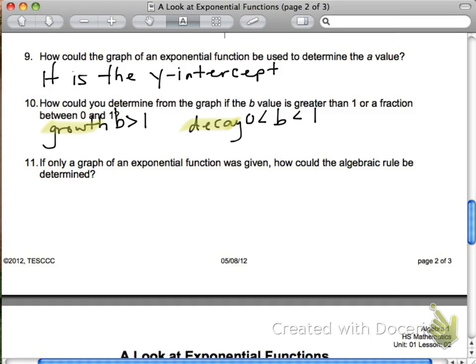Okay, so if only a graph of an exponential function was given, that means you only got to see the graph. How would I come up with the algebraic rule? Or how would I figure out the function or the equation? The 2 steps we just talked about. A equals the y-intercept. B equals the successive ratio.